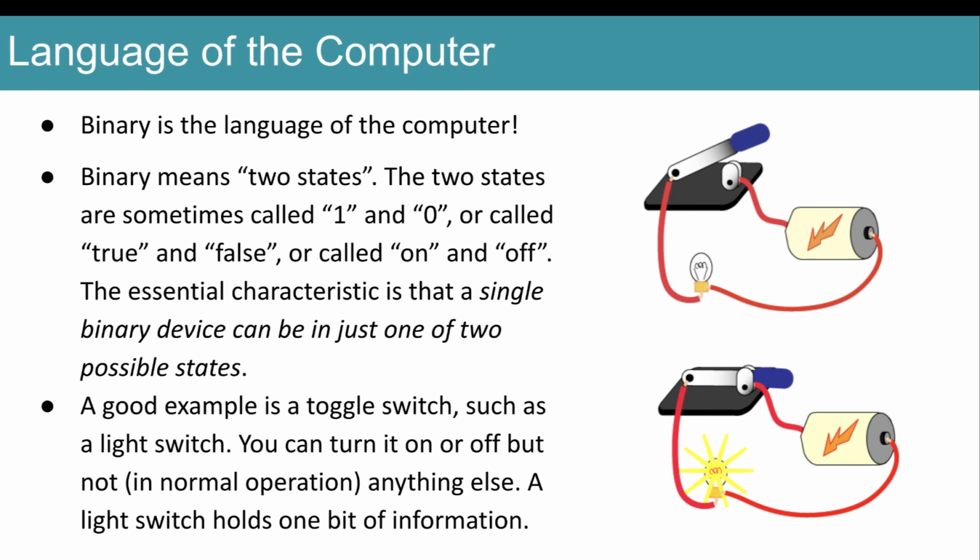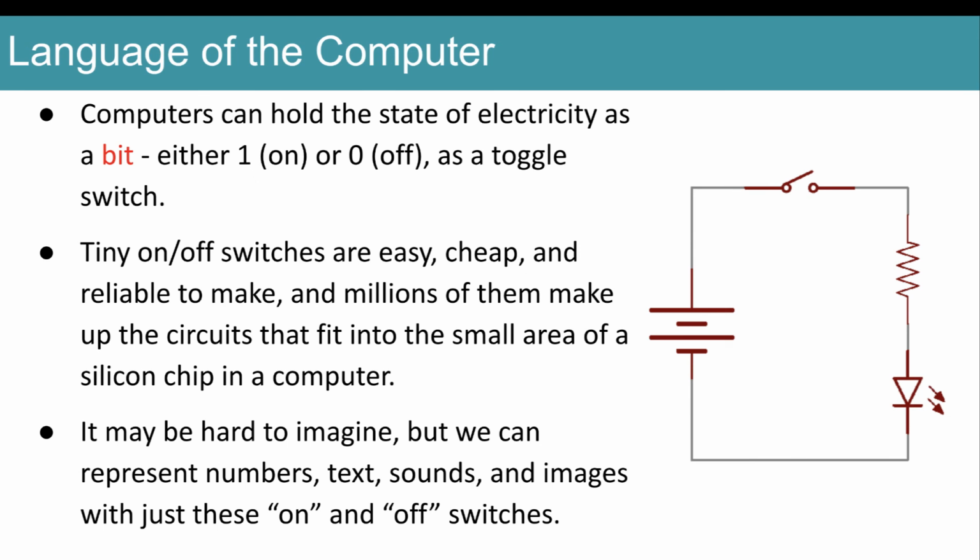You can turn it on and off, but not in normal operation. We're not talking about dimmer switches, anything else. So a light switch holds just 1 bit of information. So computers can hold the state of electricity as a bit, either a 1 or an off, as a toggle switch.